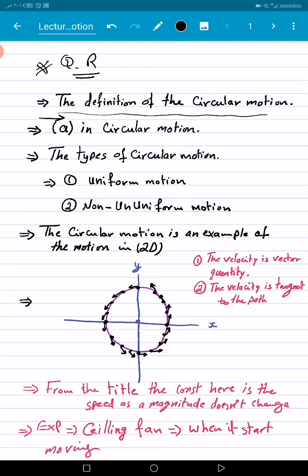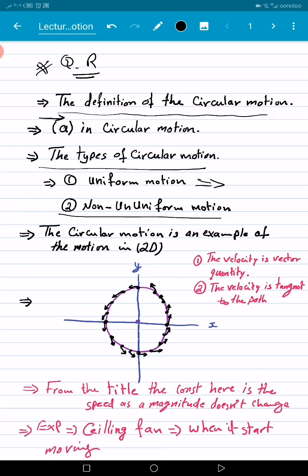There are two types of circular motion. One is the uniform. What is the meaning of uniform? The other is non-uniform motion. The uniform means constant. Which is constant? It is the speed.